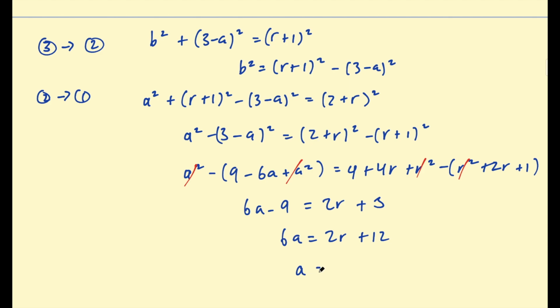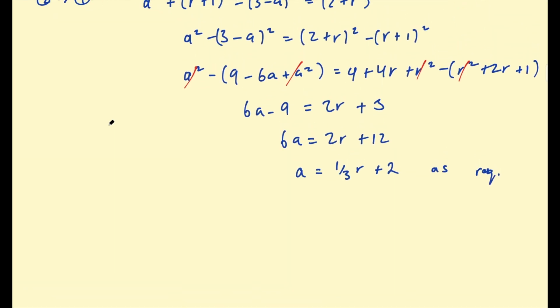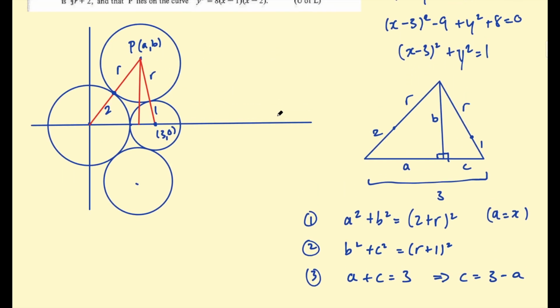Divide by 6, we get a equal to a third r plus 2. And that is what we needed, right? X equals a third r plus 2. Remember, a was effectively x. So therefore, x equals a third r plus 2. Okay, that was the first part of that question.